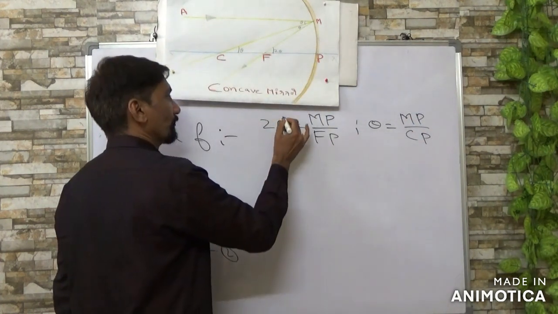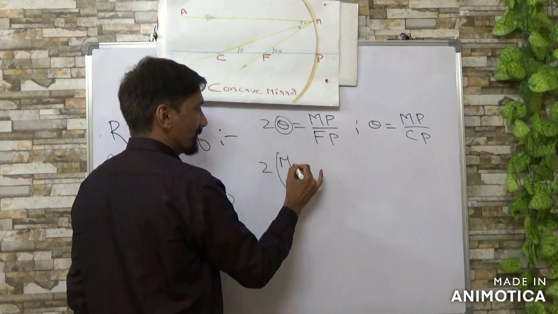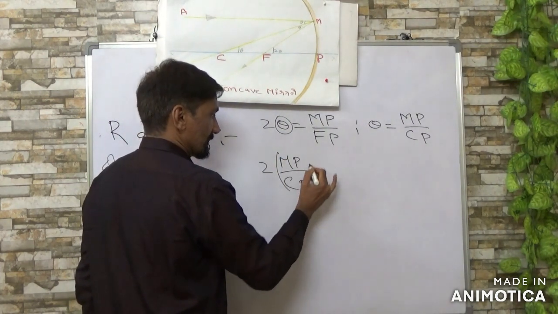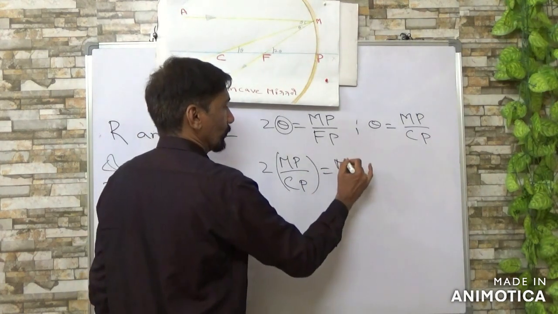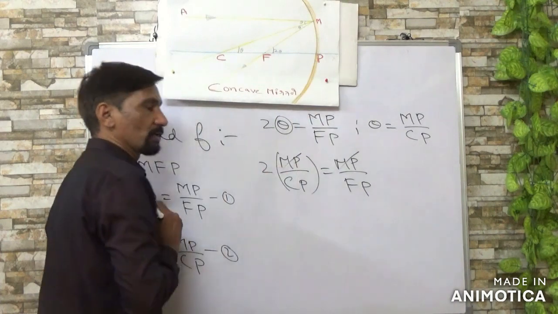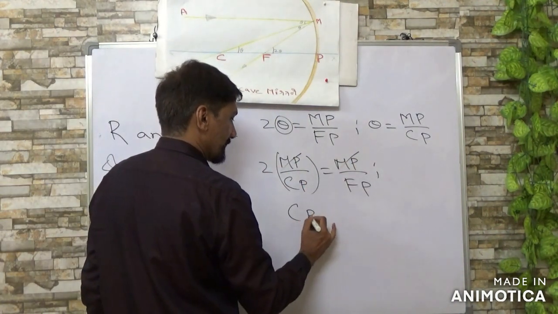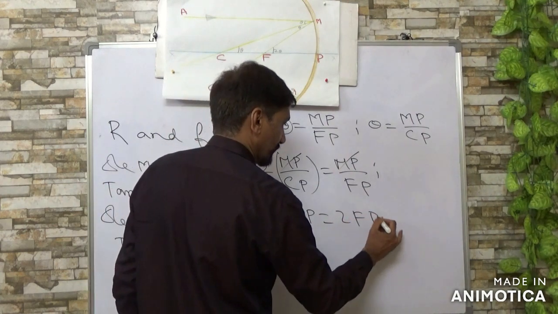If you substitute theta as MP by CP, equal to MP by FP, these two are cancelled, so you get CP equal to 2 times FP.